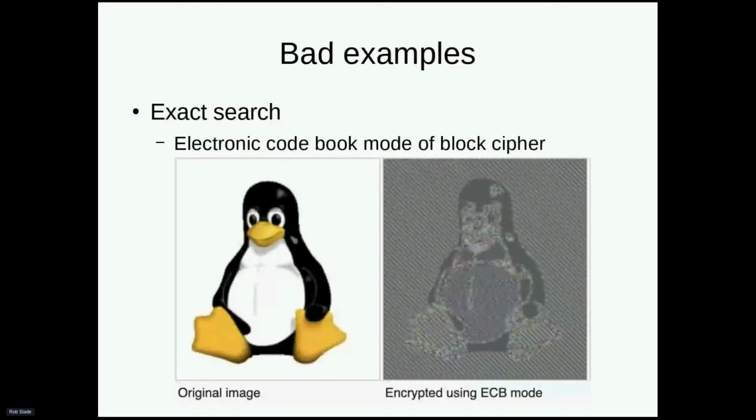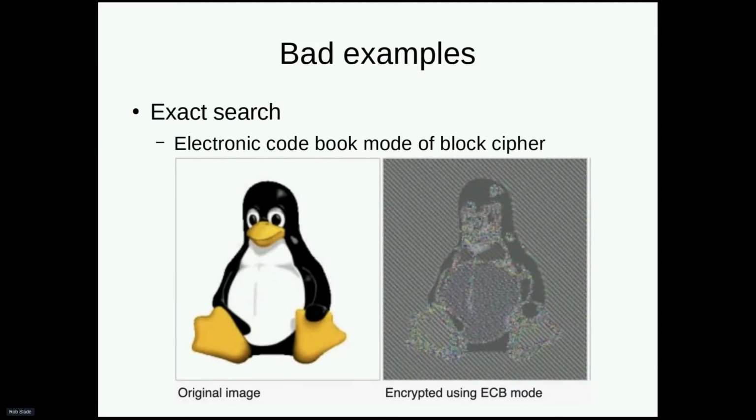So some other examples, and unfortunately, in order to illustrate this, these examples aren't particularly good. There's exact search. The electronic codebook mode of block cipher, which is the weakest form of ciphering. As you can see here, we got the original image. We encrypt it using electronic codebook mode, and we can still get at least a rough idea of what the image actually is.